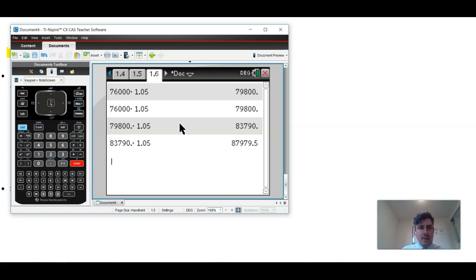And I can keep hitting enter then, and it works out the next one and the next one. So that's a little tip for you. If you just type answer, and we'll press control and this little negative symbol to give it answer, times 1.05, and then you can keep pressing enter.